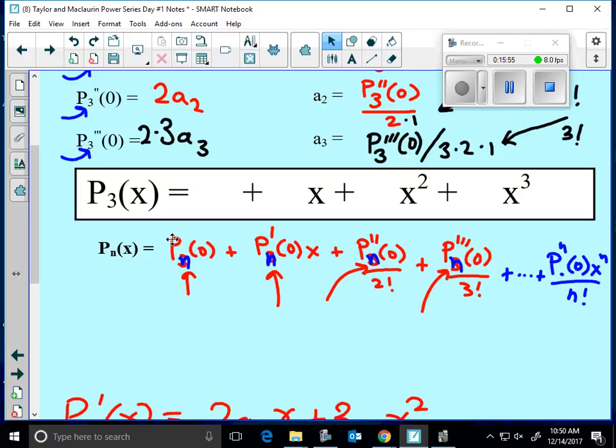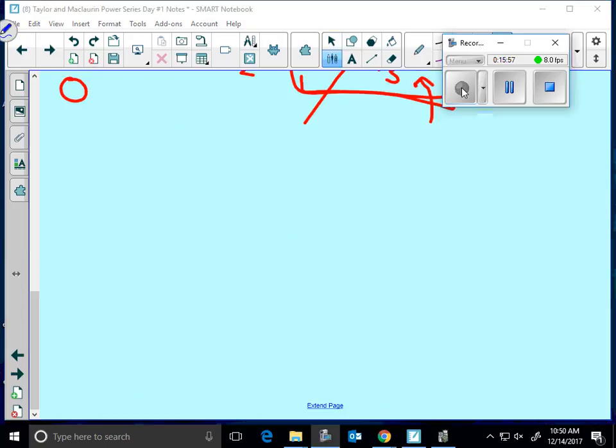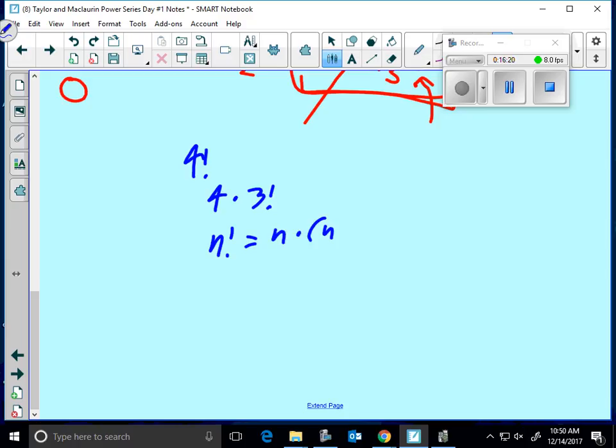Zero factorial. It's cool. Zane is about to prove why 0 factorial is 1. Okay, so take a normal factorial. So take like 4 factorial. 4 factorial can be expressed as 4 times 3 factorial. So in any factorial, you can express n factorial as n times quantity n minus 1 factorial.